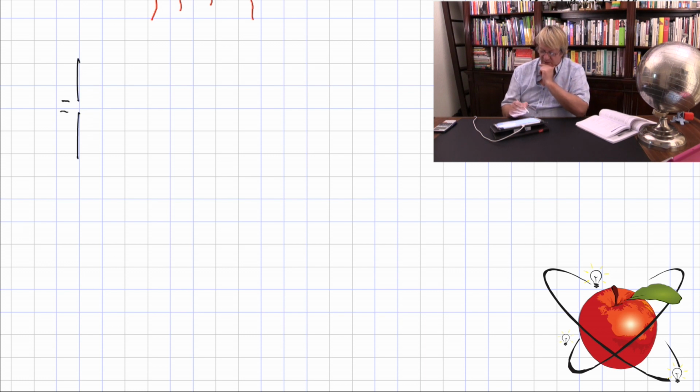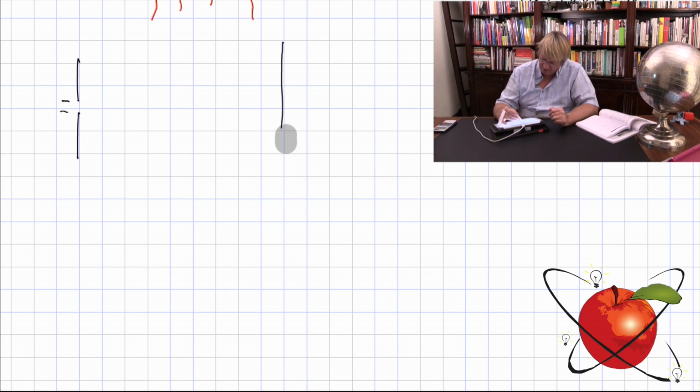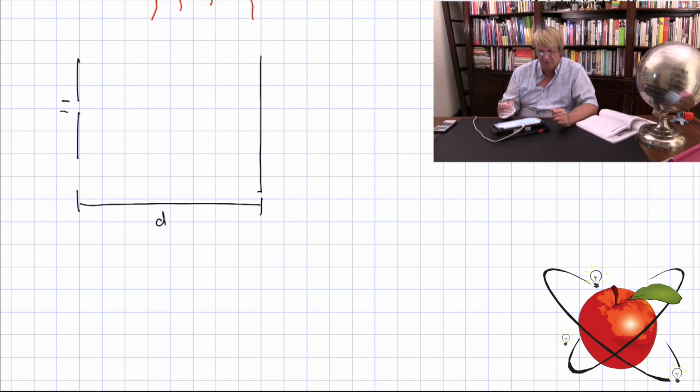So we pass it through that. The wave that comes through on the one side and the wave that comes through on the other side are diffracted, right? So similarly, if we put a screen up there at a known distance, what do we see? Well, we see this.